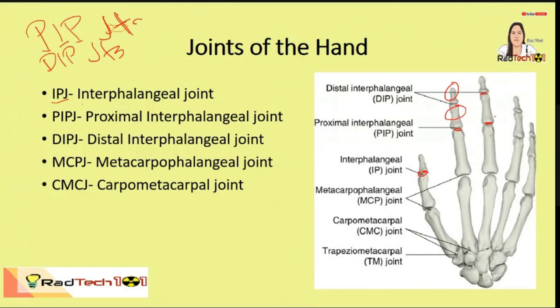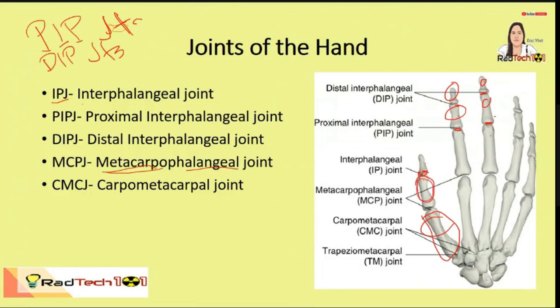Ito din. Okay? So also we have here the MCP joint. So MCP is metacarpophalangeal joint. So meaning this connects the metacarpals and the phalanx. So we have here the metacarpals. Ito siya, metacarpal connected to the phalanx. Metacarpal connected to the proximal phalanx.